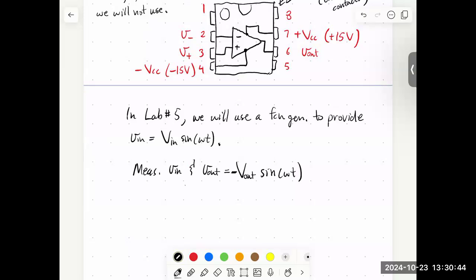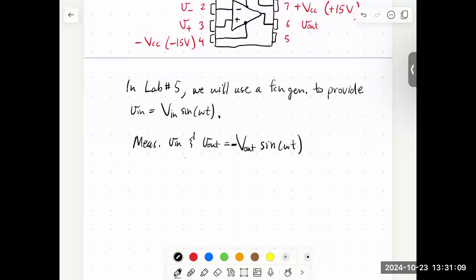So I can stick a minus sign out front here. Or if I didn't want to put a minus sign, what else could I do? How do I invert a sign without a negative sign? What if I added a phase of pi? That would shift it half a period and that would invert it. So that would be equivalent. But anyways, we could just put the minus sign out front there.